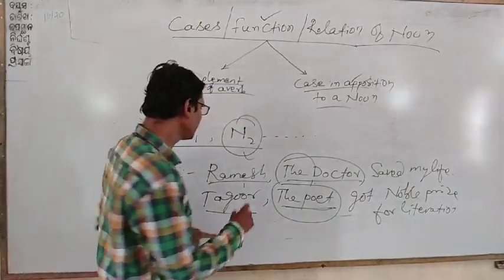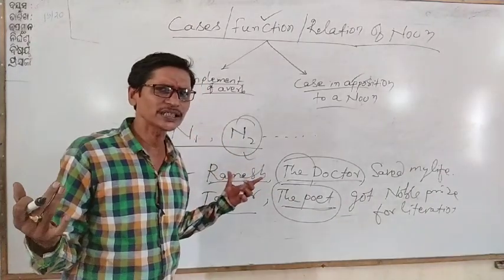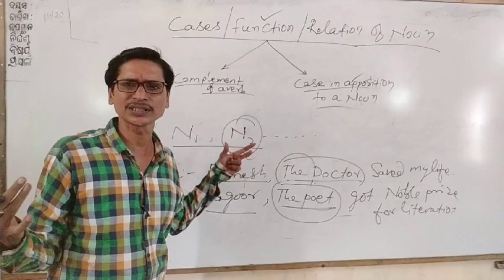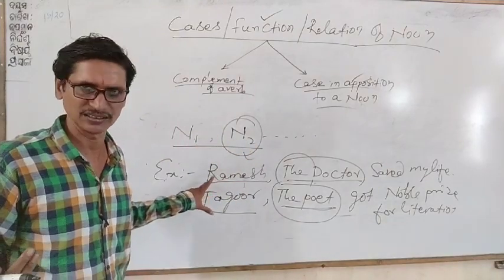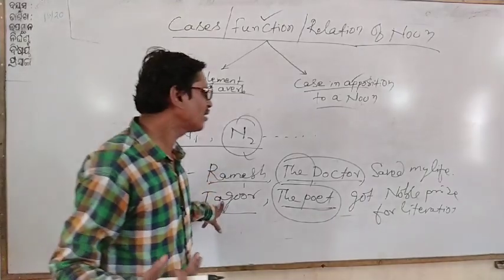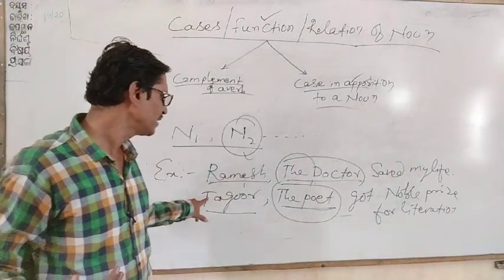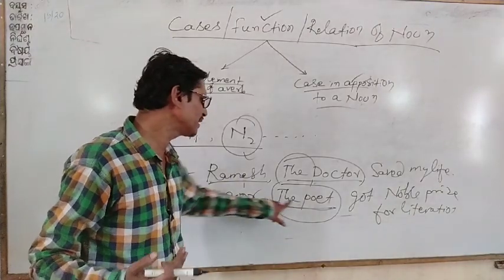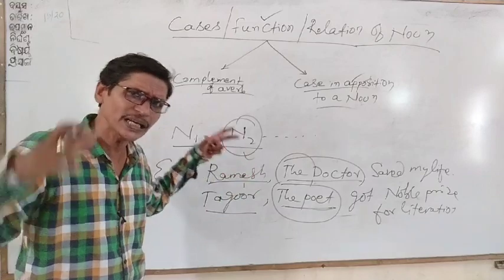Understand? So here the nouns are also functioning as a case in apposition to another noun, and this is how the case in apposition works. Tagore got Nobel Prize for literature. Similarly, this poet is giving more information. That means talking about him only.